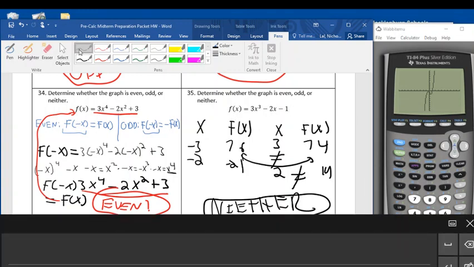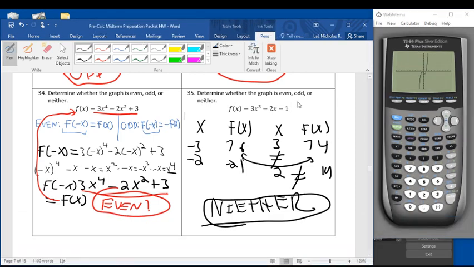Let me do this algebraically here. f of negative x would be negative 3x cubed plus 2x minus 1, and negative f of x would be negative 3x cubed plus 2x plus 1.